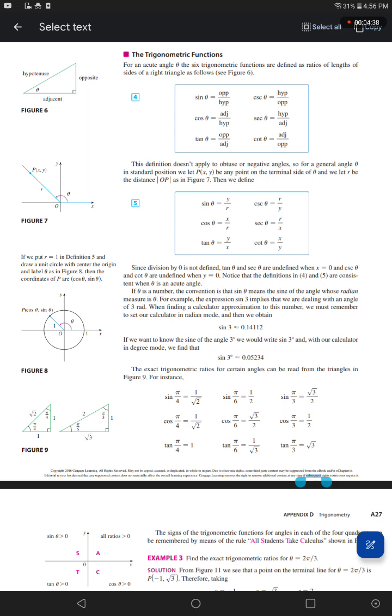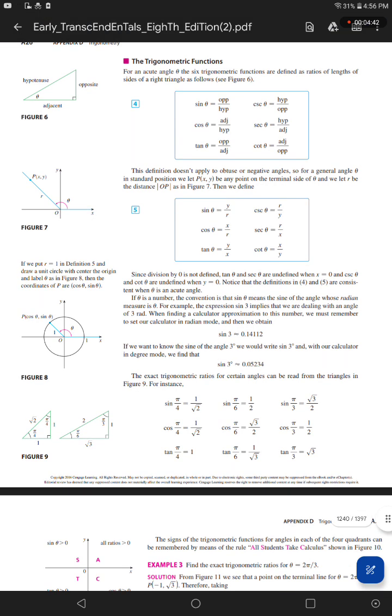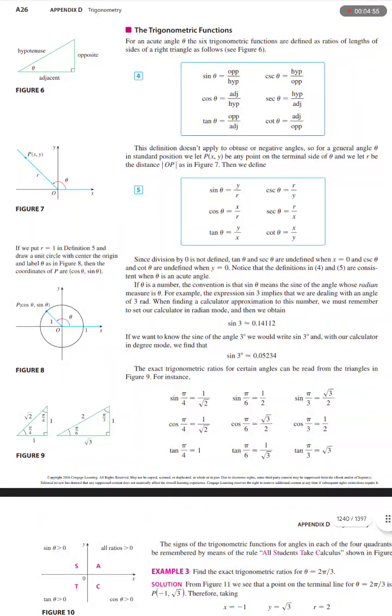If theta is a number, the convention is that sine theta means the sine of the angle whose radian measure is theta. For example, the expression sine 3 implies that we are dealing with an angle of 3 radians.